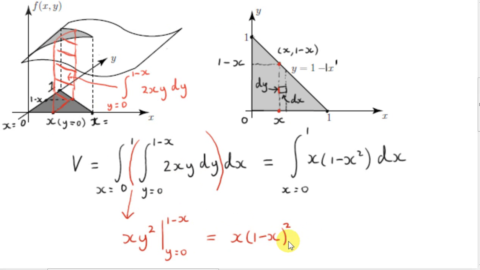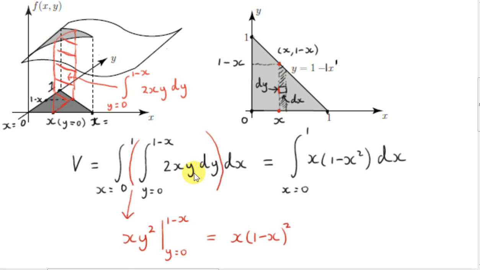Okay, you can see that we get a function of x alone, as we expect. And now we have to integrate that function of x alone with respect to x from x equals 0 to x equals 1. So basically we're summing up all these slices of width dx. Okay, I'm not going to bother trying to show it here, but you can imagine, roughly speaking, it looks like that.